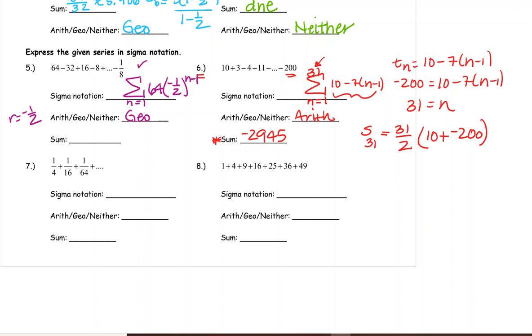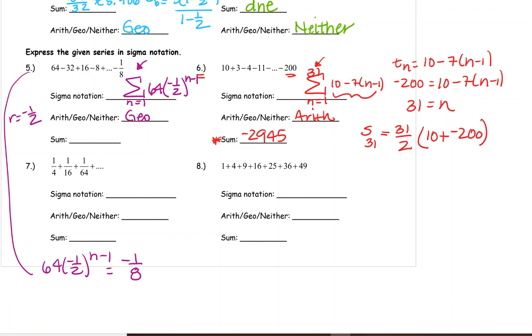And then again, this is usually the part that takes a little more time to figure out. In this particular case, I've already got the first 4 terms, so you could solve an equation like you did over here. I'm going to come way down here to write this equation. Your equation is going to say 64 times -1/2 to the n minus 1 equals -1/8.